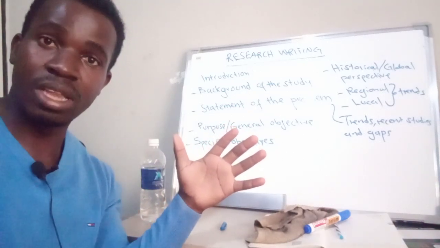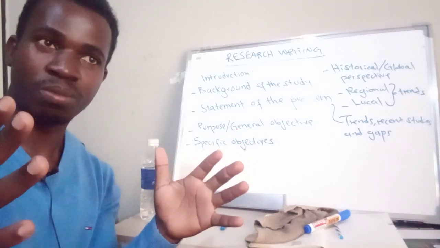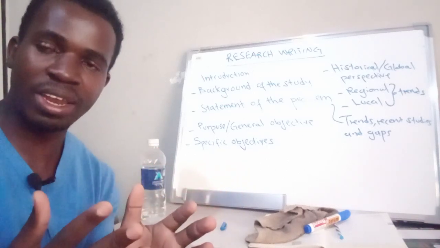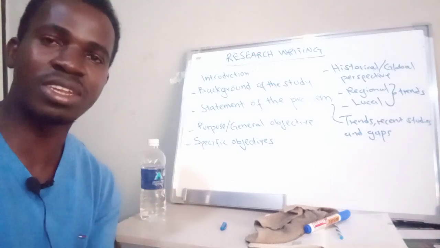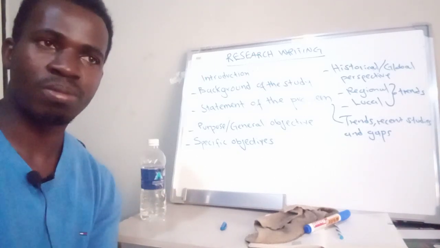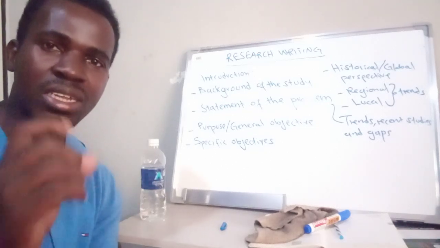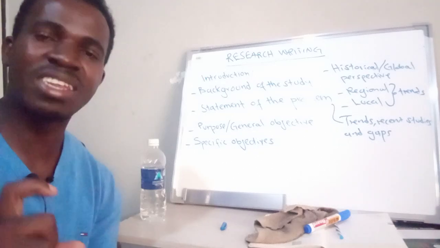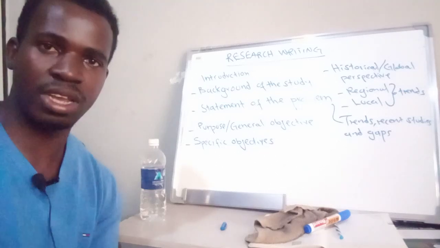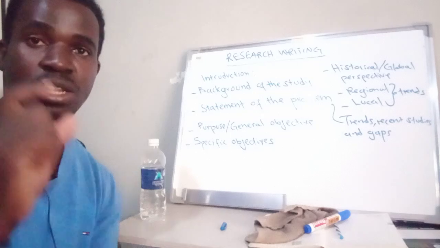Narrow it to a continent specifically, then narrow it to a country locally, then again narrow it to a specific district, area, locality, institution, company, organization, name them. That's exactly how we are going to approach our research appropriately under the introductory part.